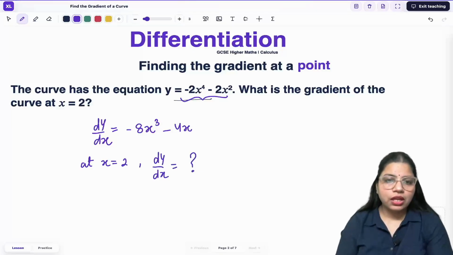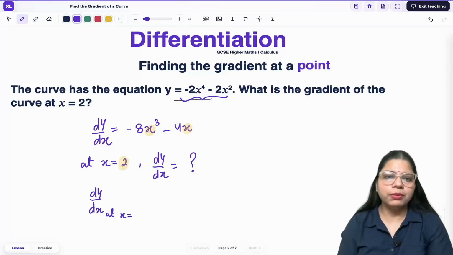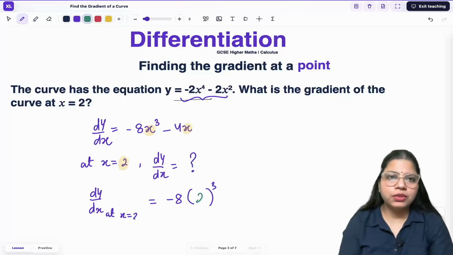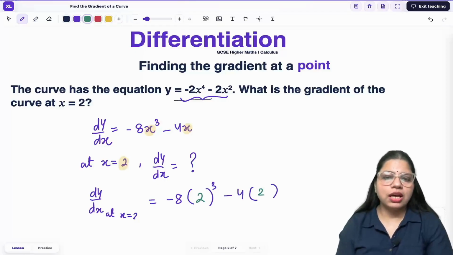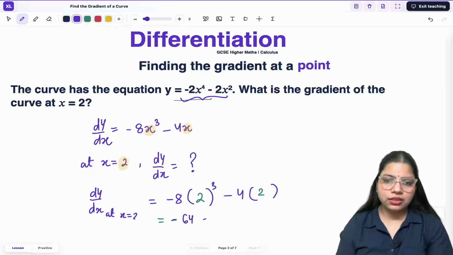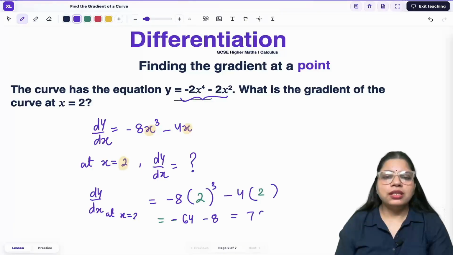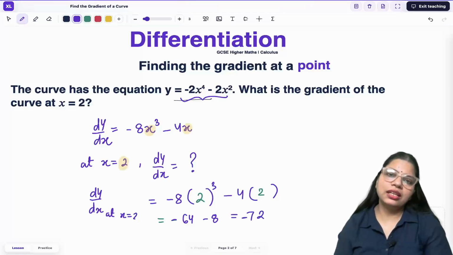So just substitute it there. dy by dx at x equals 2 will be minus 8 times 2 cubed minus 4 times 2. 2 cubed is 8, 8 times 8 is 64, minus 64 minus 8. That would be a negative 72, correct?